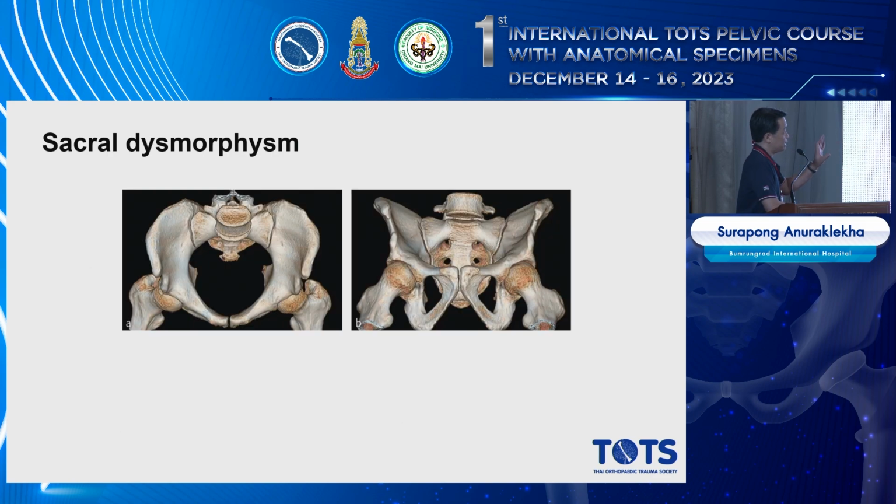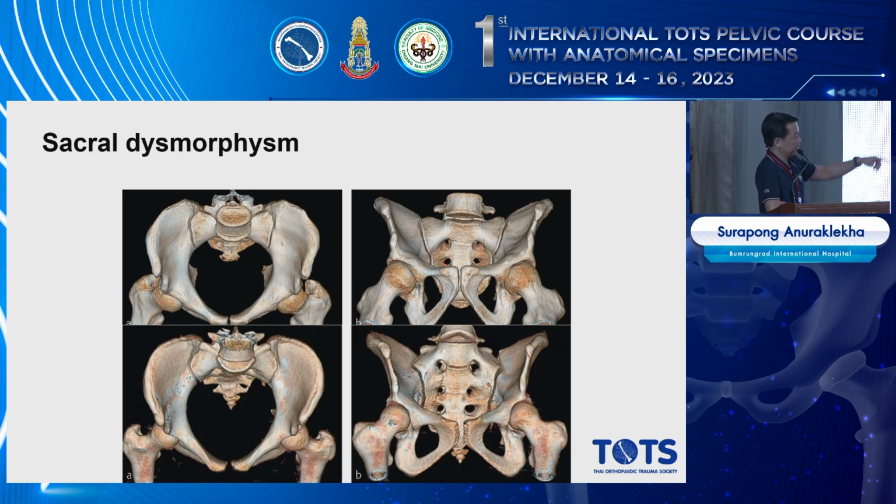Another thing that I need to talk about a little bit is to identify the sacral dysmorphism. Sacral dysmorphism is a shape of the sacral area that doesn't look like the normal sacral area.